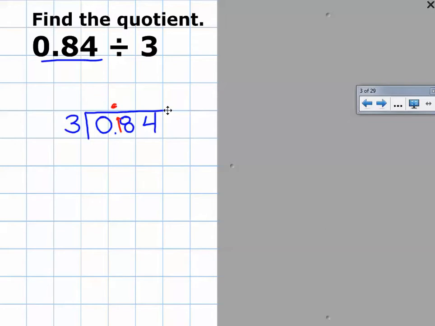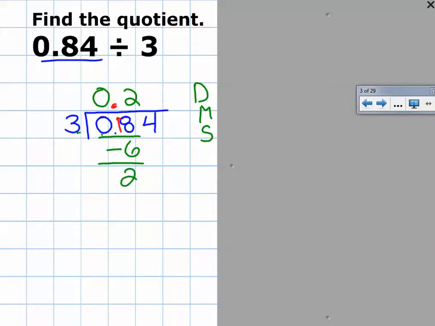From here, I'm going to divide as I would with whole numbers. So I need to go through all my long division steps. How many times can 3 go into 0? Well, it can't go into it at all, so I'm going to write a 0 at top. Now how many times can 3 go into 8? 3 could go into 8 2 times, so I write my 2 on the top. Remember, I divide first, then I multiply second. Now I multiply. 3 times 2 is 6. My next step is to subtract. 8 minus 6 is 2.